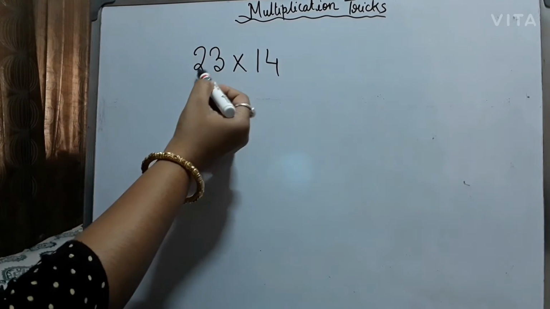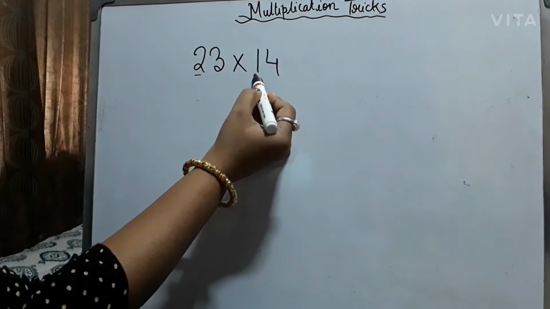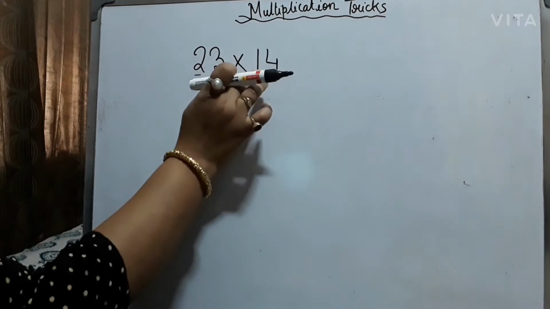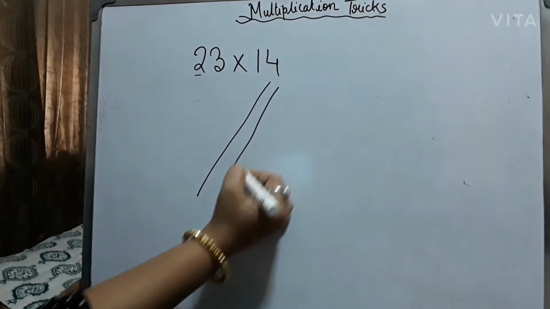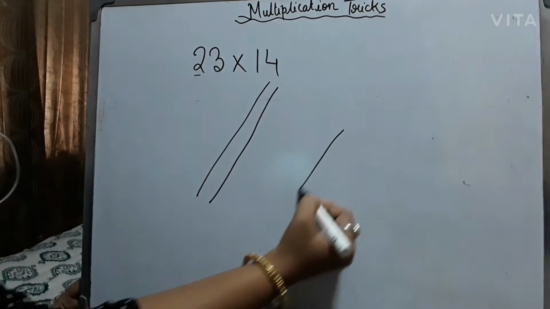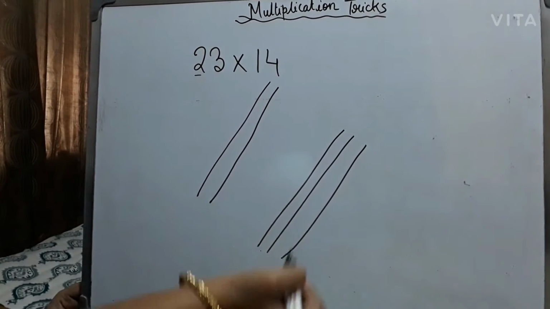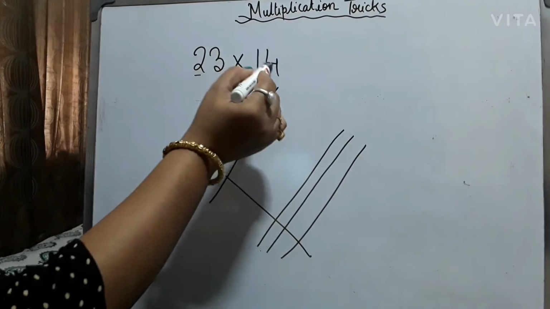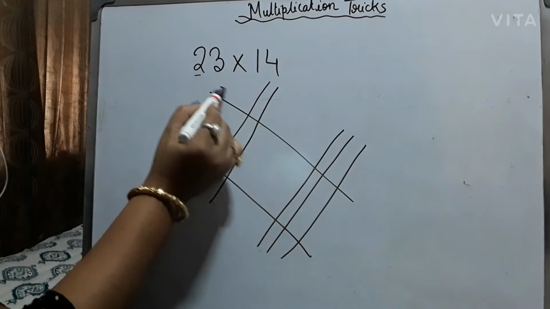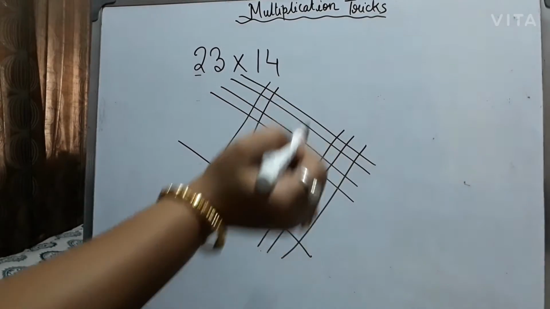Okay, so 2 3 1 4. First, what you will do, take the digits of this number. For 2, make 2 lines, then for 3, make 3 lines, clear? Then for 1, make 1 line, and for 4, make 4 lines: 1 2 3 4.